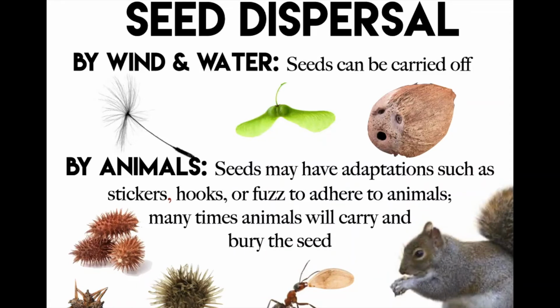Now we're going to focus on seed dispersal. Seed dispersal basically talks about how seeds are going to be dispersed or moving from point A to point B, maybe from the fruit to a different area.